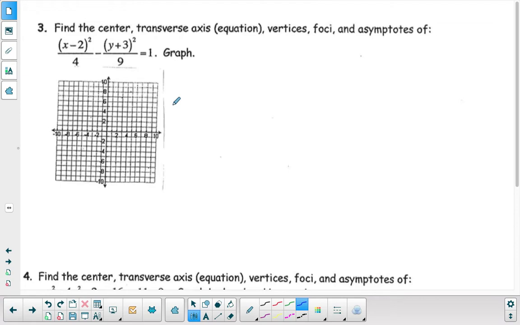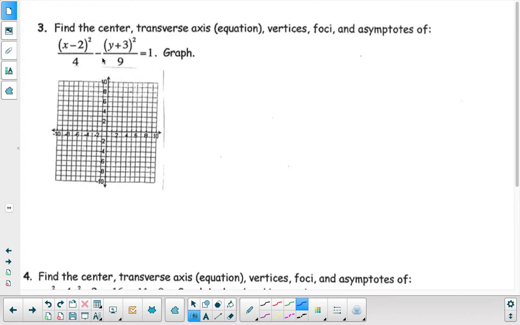So find the center of this. We're gonna graph this basically using all of our information. The transverse axis equation is just going to be y equals a number or x equals a number, and that just depends on if our coordinates are lying horizontally or vertically, and through what line. But we will get to that in a second.